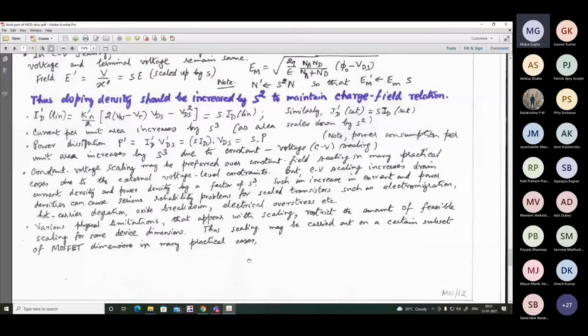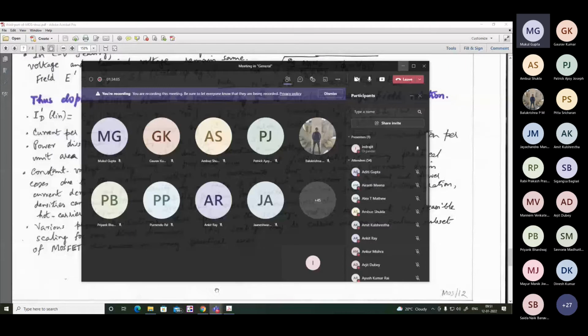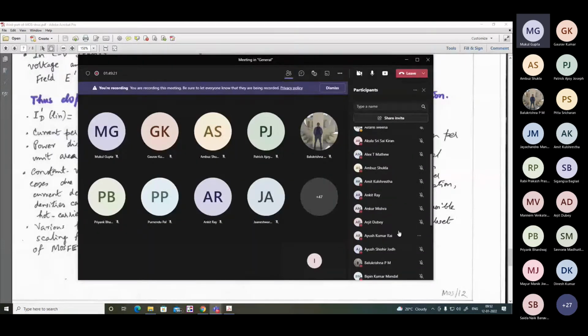Okay. So till now, any doubt? Yes, please. Okay, is everything clear? Or yeah, Aditi, Meena, Alex, Ambuj, Amit, Ankit, Ankur, Arijit, Arjit, Ayush. Yeah, any doubt? Please let me know. No doubt.